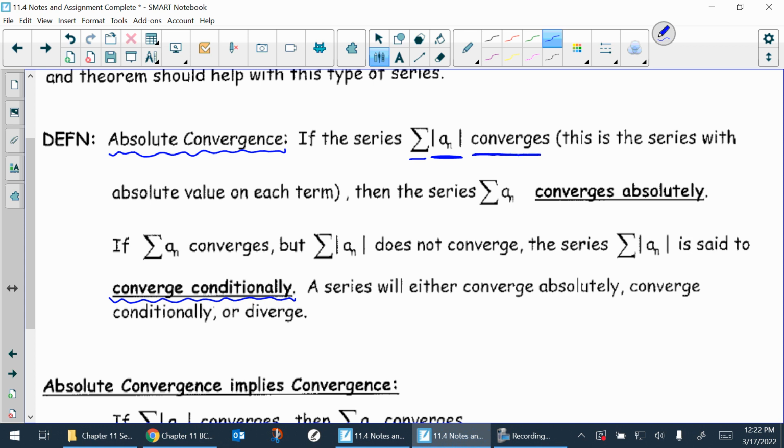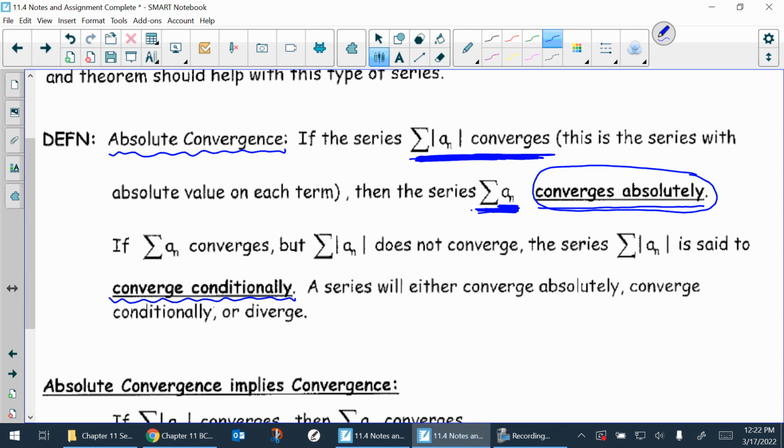If every single term is positive and the series converges, then this series right here is said to converge absolutely. So if we find a series that converges, and then you take the absolute value of every single term and it still converges, that is called absolute convergence.